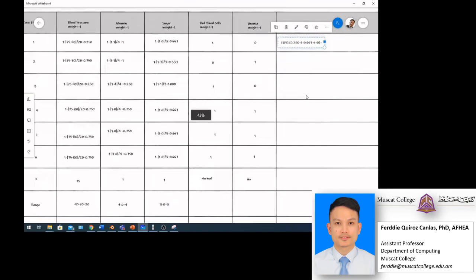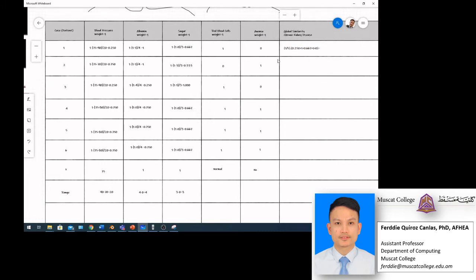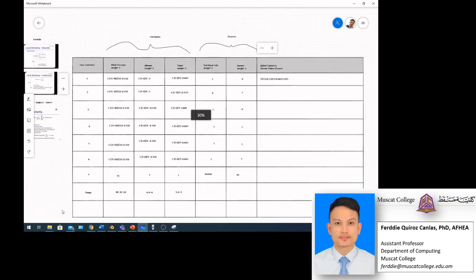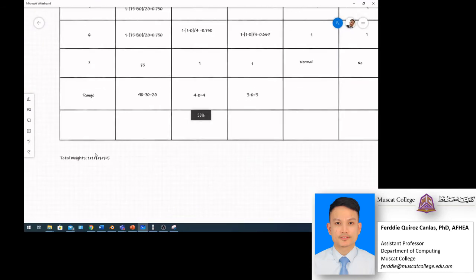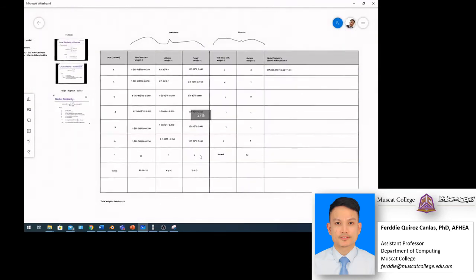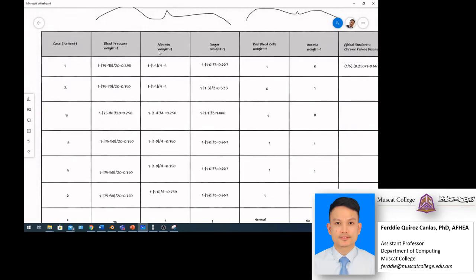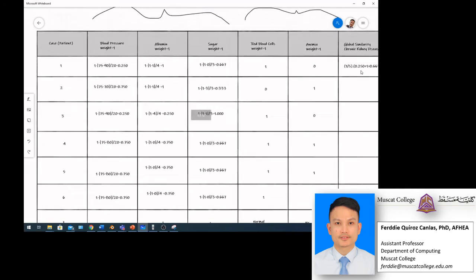So 1 over 5, which is the total weights here, we could calculate it earlier. 1 out of 5, which is this 1 plus 1 plus 1 plus 1 plus 1. So we have 1 out of 5.